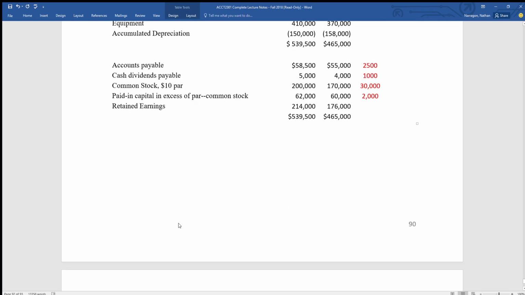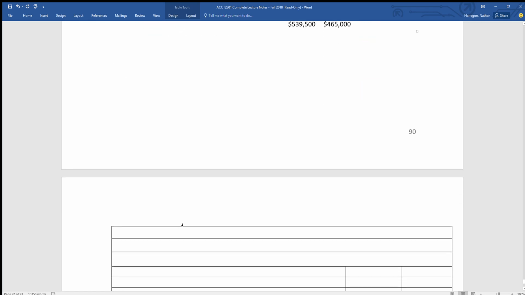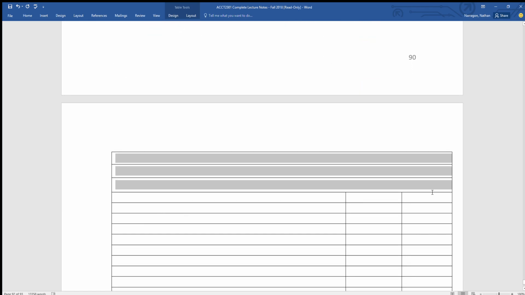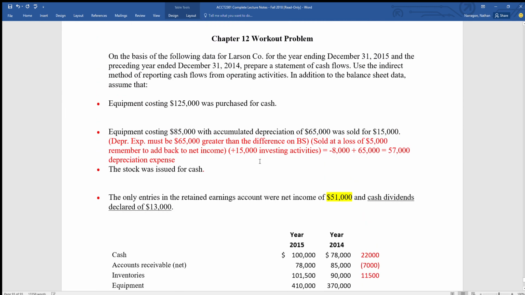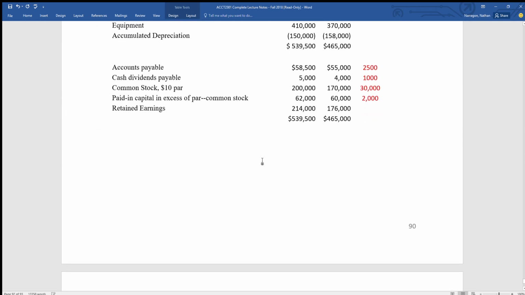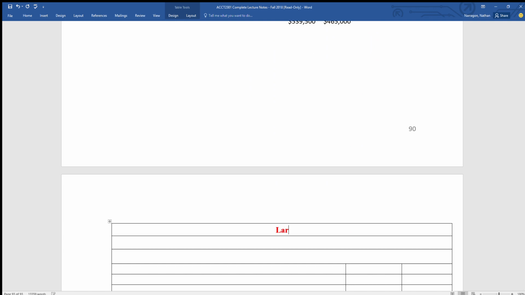So let's go ahead and start knocking this out. So first thing we always have to do is put our header in, which of course our header is not in. So it's whichever company we've got. This company is Larson Co. And this is the statement of cash flows.